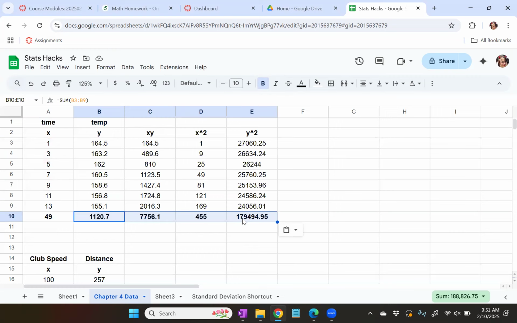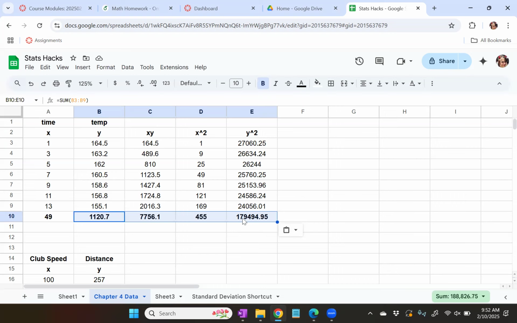So now I'm going to take a moment and write these summations down because I did not. I get the sum of x is 49. Sum of y is 1120.7. Sum of my xy is 7756.1.